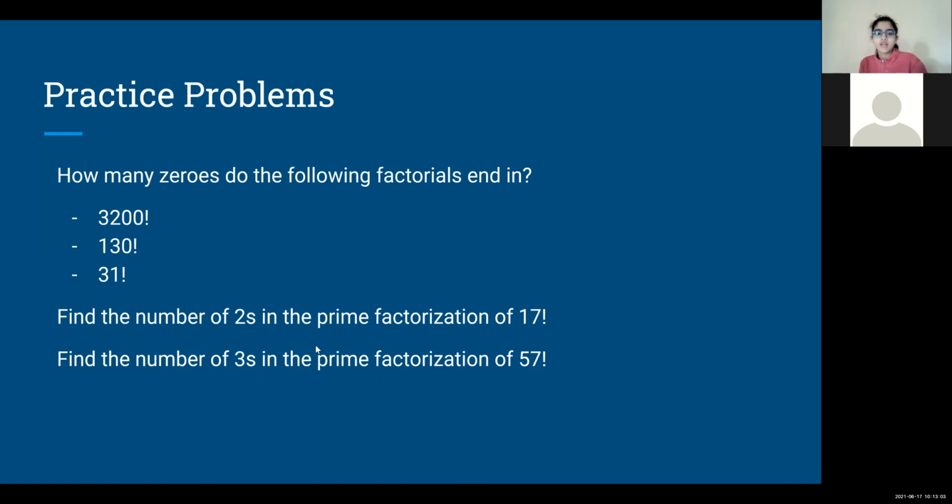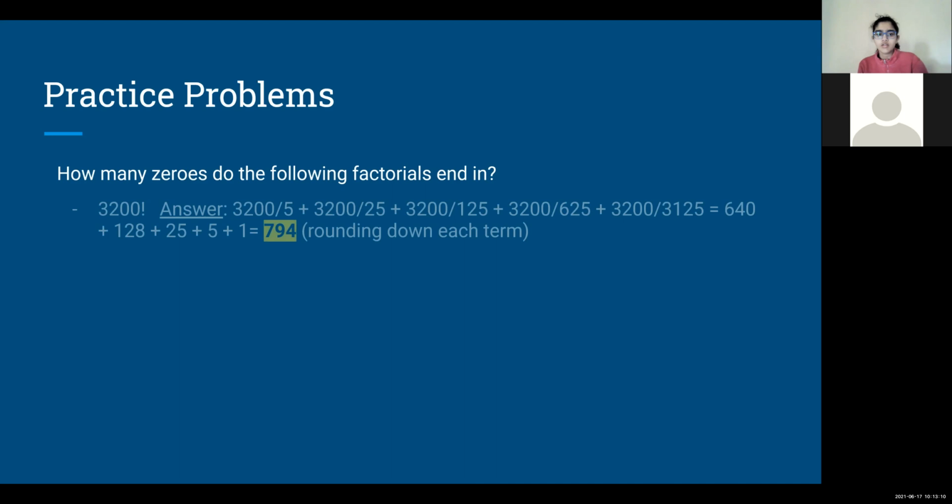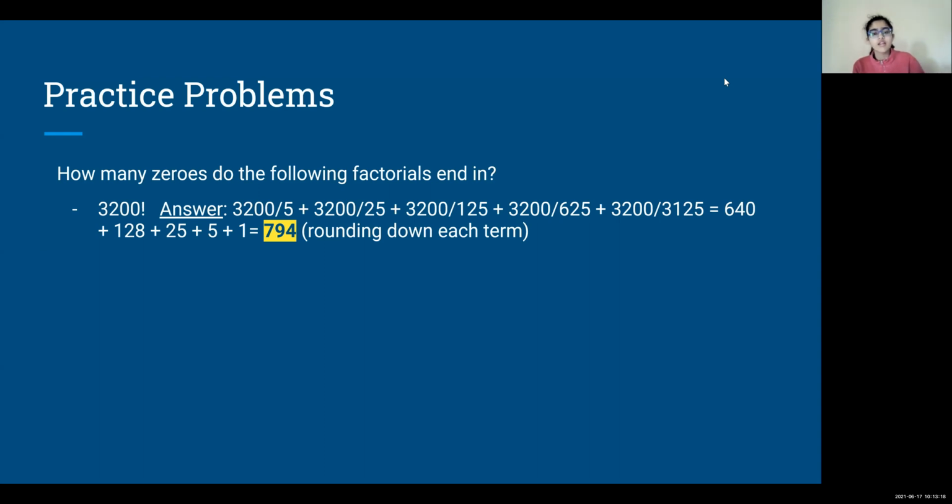Okay, someone gave me the answer for number 5, so we will go over the answers. How many zeros do the following factorials end in? For 3,200, we use the strategy we found earlier: 3,200 divided by 5, then add that to 3,200 divided by 25, and add that to 3,200 divided by 125, all the way up to 3,125, and we get 640 plus 128 plus 25 plus 5 plus 1, which is 794.